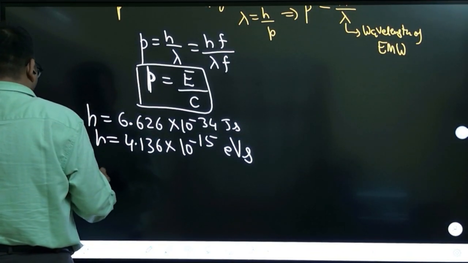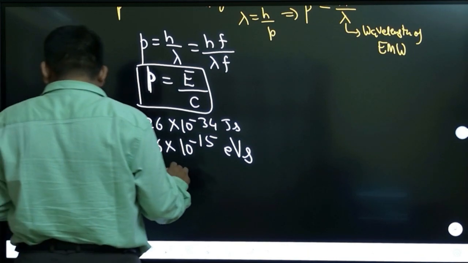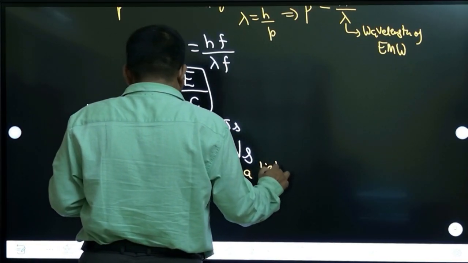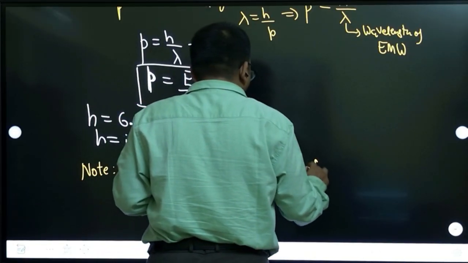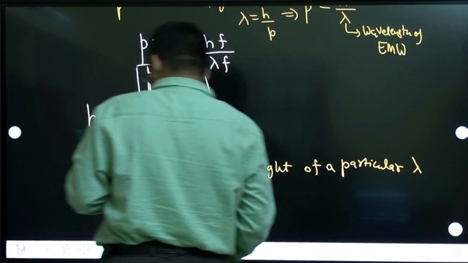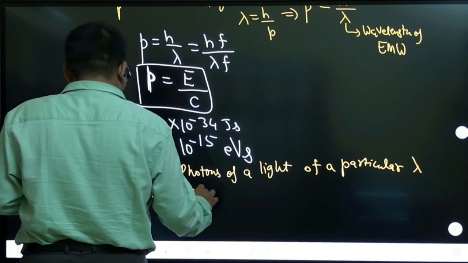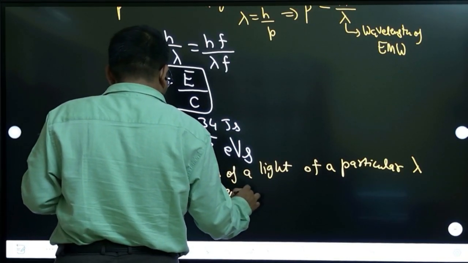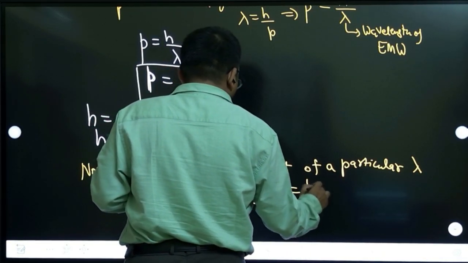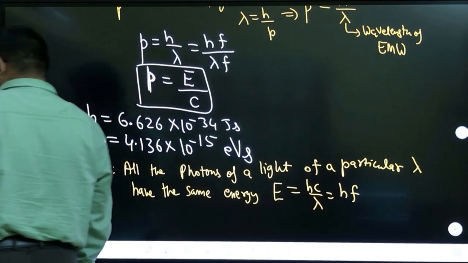Note one point: all the photons of the light of a particular wavelength have the same energy, E is equal to hc by lambda or h into frequency. That's the same thing, right?